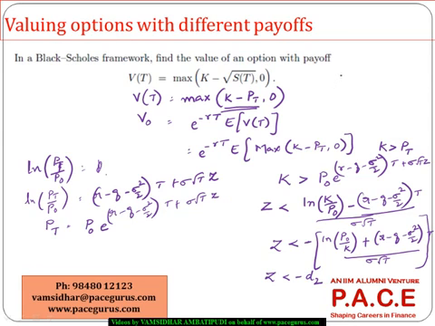So when Z is less than minus d2, I see that the payoff is K minus PT.